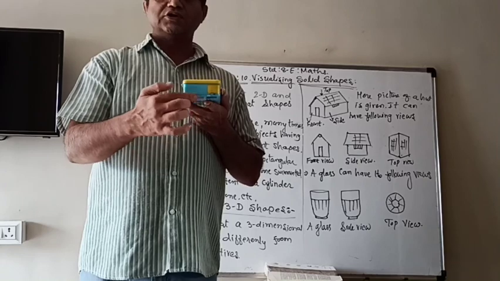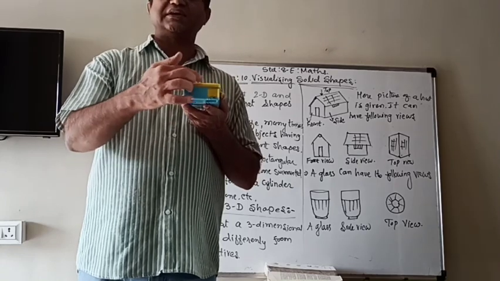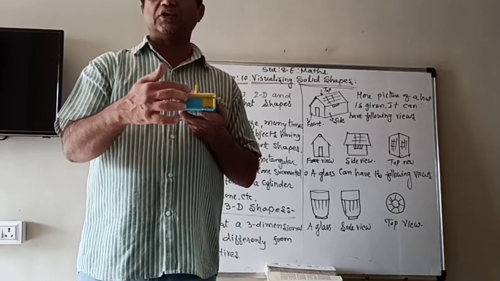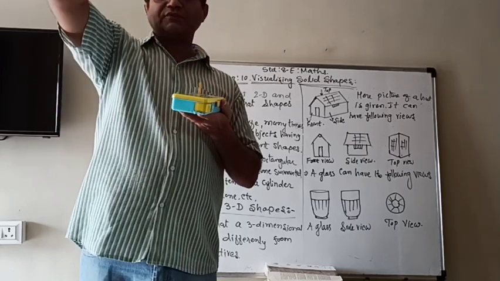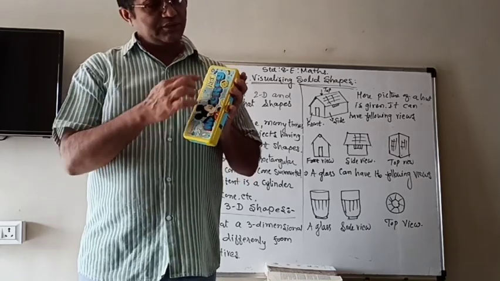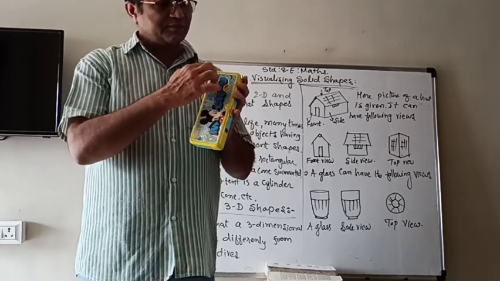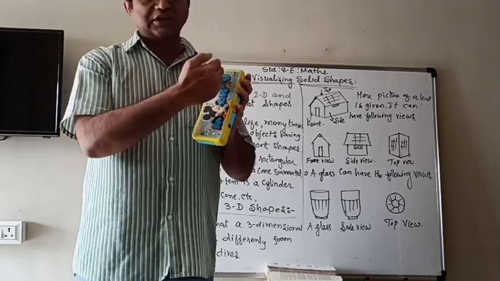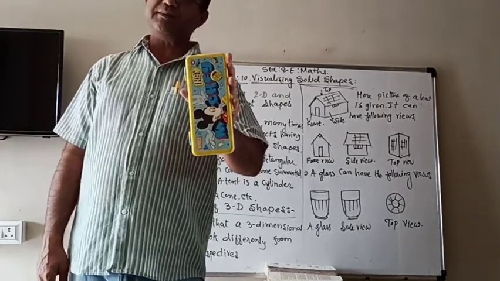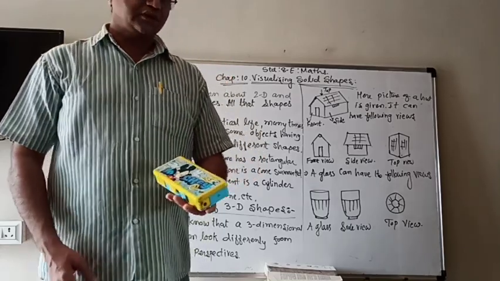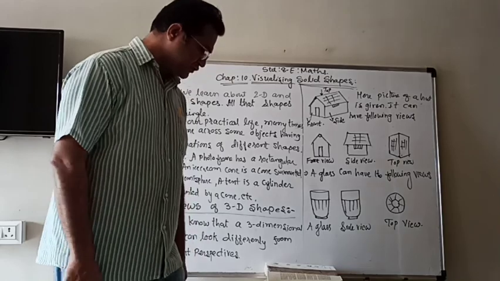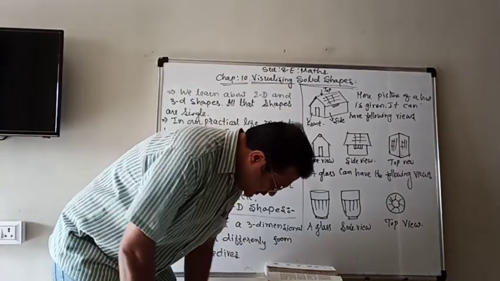No. You will be able to see only this rectangle, so you will draw only that rectangle. But from the top, it will be visible like that, two rectangles, one inside the other. So the object is the same, but its visibility from different sides will be different.